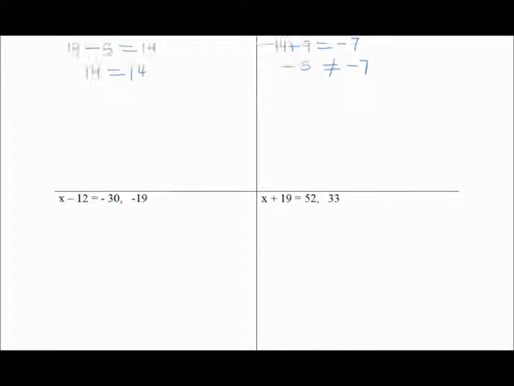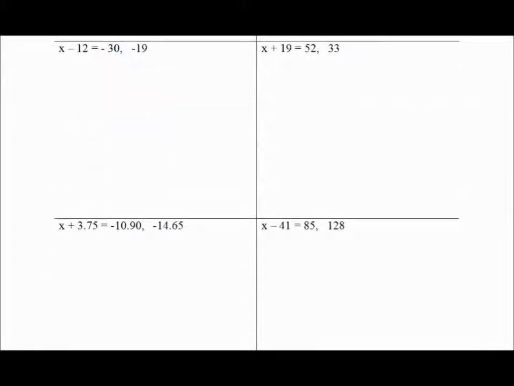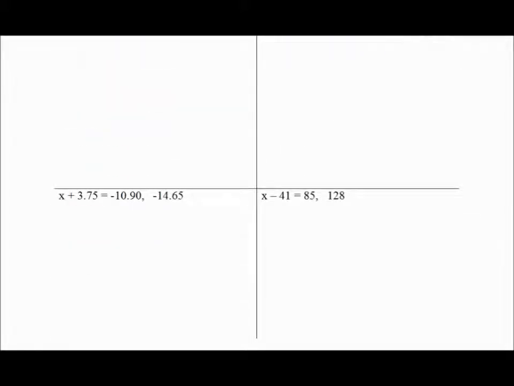Now I think I'll skip down. Let's move down some. I think I'm going to do this one with this decimal. I have x plus 3.75 equals negative 10.9. And we're checking to see if negative 14.65 is a solution. Once again, the way you check, you simply make your substitution.